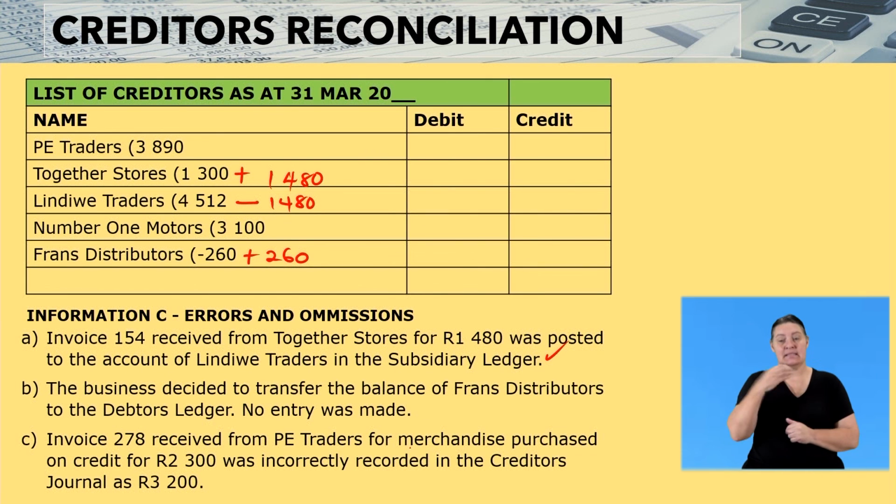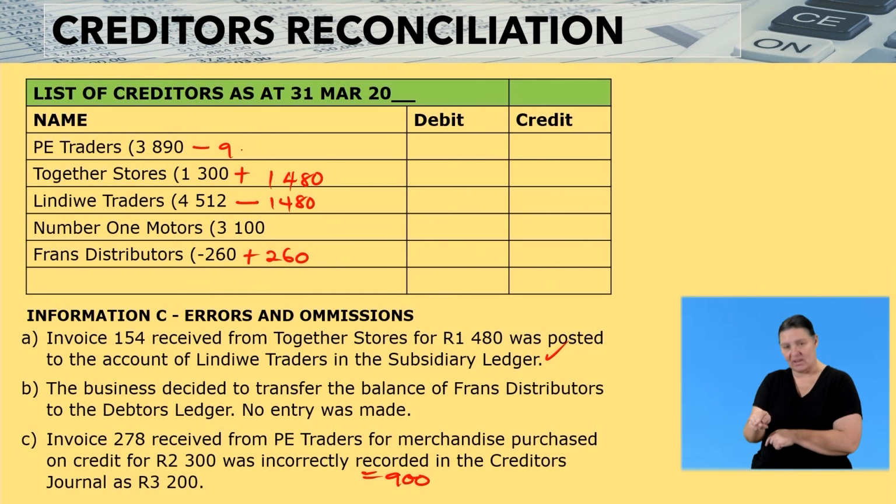C, invoice 278 from PE Traders for merchandise purchased on credit for 2,300 was incorrectly recorded in the creditors journal as 3,200. So this is an invoice from PE distributors, and we did get the difference between these two amounts, which was 900. And we realized that this invoice was overstated by 900. Therefore, if it is overstated, we'll come and we will subtract 900.